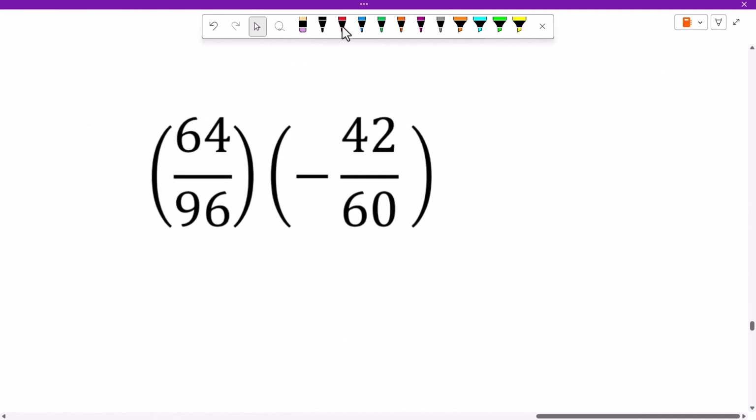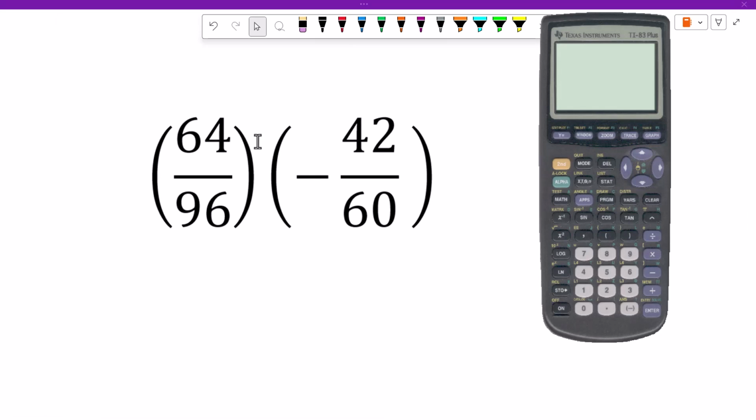For example, if we grab my calculator here, we multiply the tops together. I go 64 times 42. That would be the number on the top. I go 96 times 60. That'd be my number on the bottom. Those are really big numbers to simplify. That's a hard task to do.